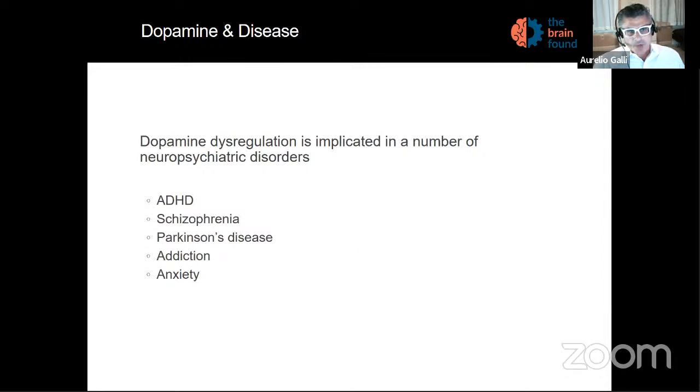So dopamine dysregulation has been implicated in a number of neuropsychiatric disorders, ADHD, schizophrenia, neurological disorders such as Parkinson's disease, and lately also autism spectrum disorder. In fact, some of the mutants that we analyzed in the past in collaboration with Randy Blakely have been found both in patients with attention deficit hyperactivity disorder and also in patients with ASD.